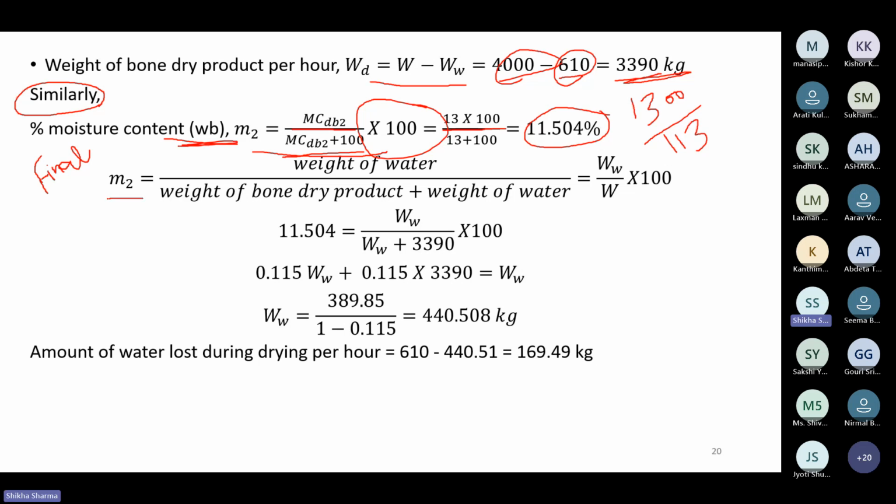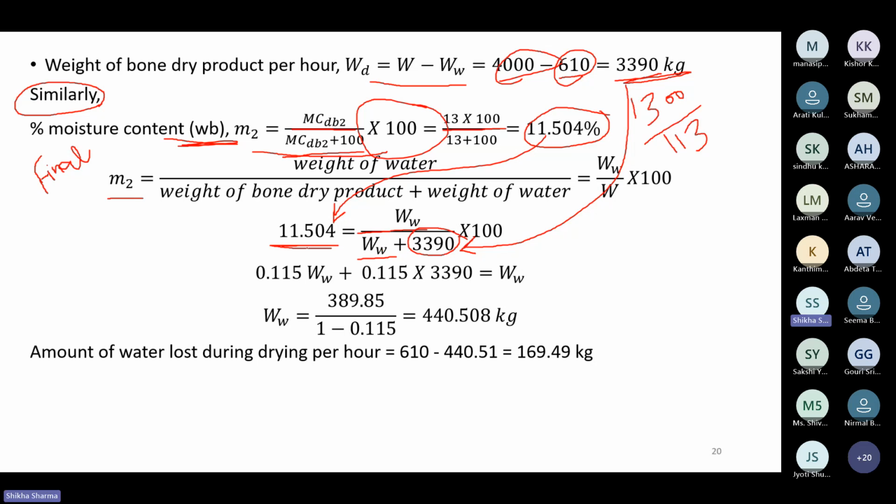And we also know that moisture content is equal to weight of the water divided by weight of the bone dry product plus weight of the water, into 100. So we know that 11.504% is the moisture content in the wet basis for the final moisture content, which is equal to weight of the water divided by weight of the water plus weight of the bone dry product, which is 3390, into 100.